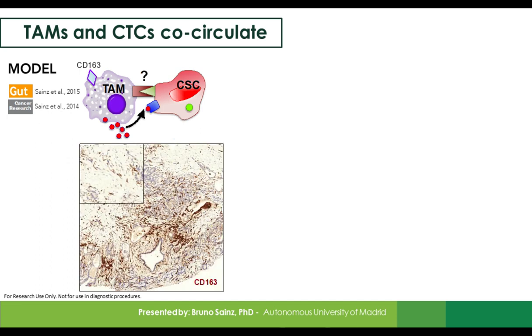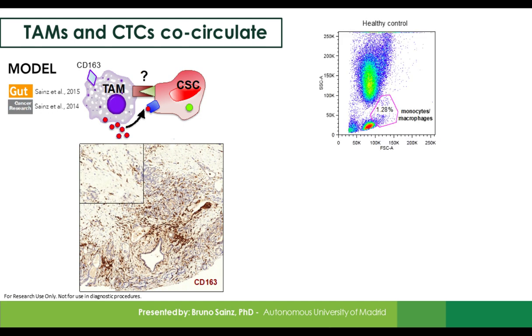This idea of TAMs promoting cancer stem cell dissemination is biologically relevant in pancreatic cancer, as CD163 positive macrophages, or TAMs, are the main immune cell infiltrate present in PDAC. You can see this here in this immunohistochemical staining of a pancreatic tumor from a patient, with the massive infiltration of CD163 positive macrophages.